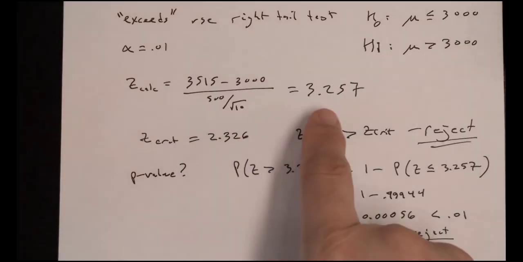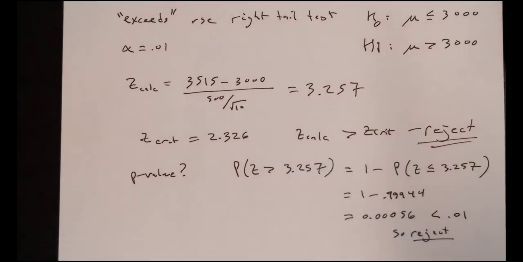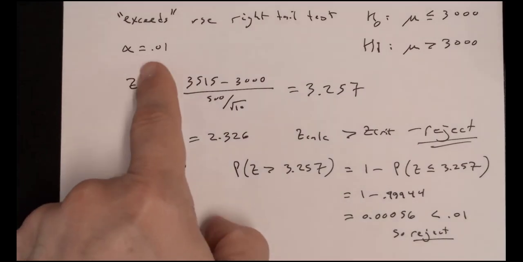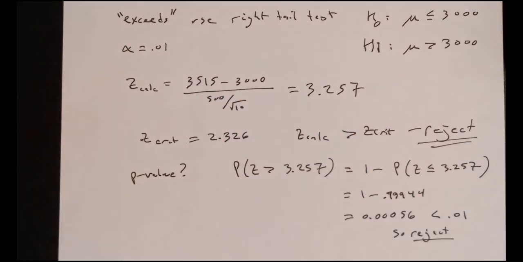And the number we were at was 3.26, which is much further to the right. The other way to think of it is that the area inside the shaded region is 0.01. And when I check our shaded region, it's smaller than that. It's even further over, it's even smaller. There's even less of a chance that this happened randomly than I thought I would take as an acceptable risk.